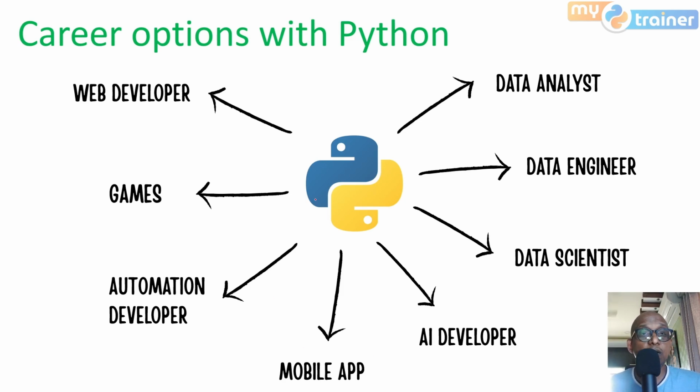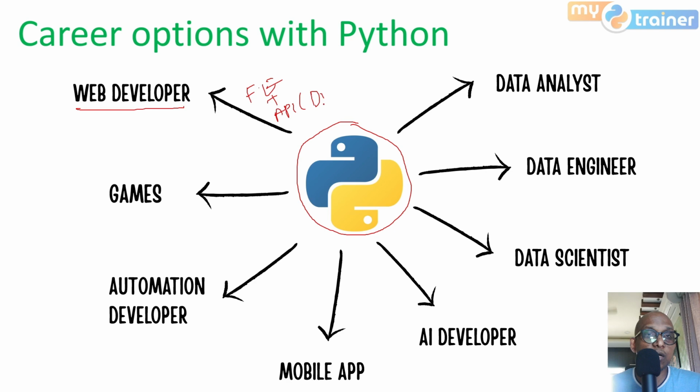Once you learn Python, this is my Python subject. If you know Python, you can go for any of these career options. If you want to do web development, yes, you can become a web developer by learning some more technologies like front end HTML, CSS, plus a web framework, for example Django.